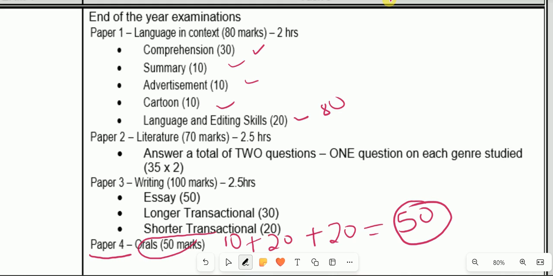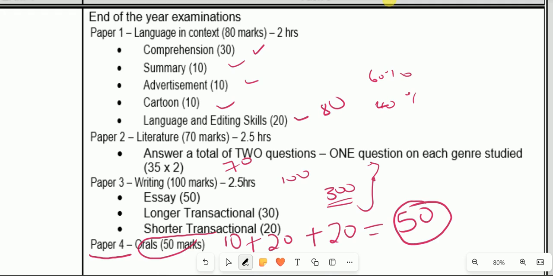Literature, you are going to answer a total of 2 sections, 1 question on each genre studied. Like I've said, depending on the genres that you are doing at your school, it's 70. And then paper 3, we know that is 100 marks. Adding all of that plus 50 marks for orals, they are going to give you the total of 300 marks for your final examination. Bearing in mind that CASS is 60%, examination is 40%.